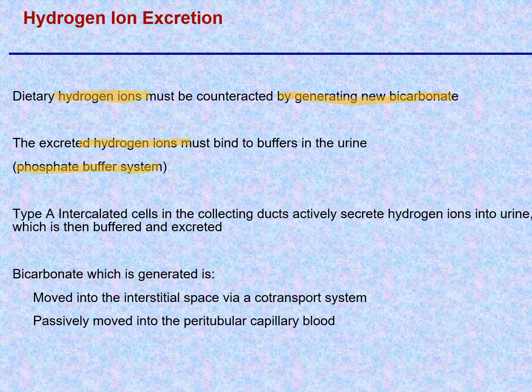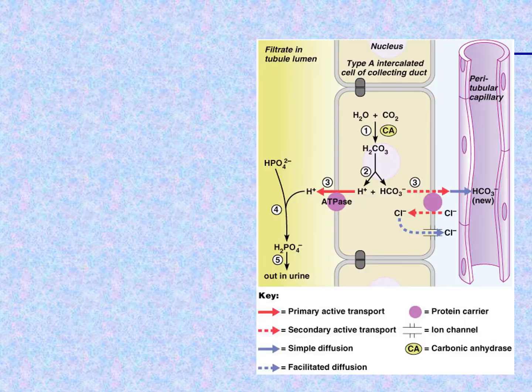I told you the phosphate buffering system is a chemical buffering system that's active in the urine, and also I think in the intracellular space, in the cytoplasm. In this case, cells that line the collecting ducts actively secrete hydrogen ions into the urine, which then get buffered and excreted. At the same time, bicarb is generated and will move into the interstitial space and then into the peritubular capillary blood. I'll show you the reactions here.